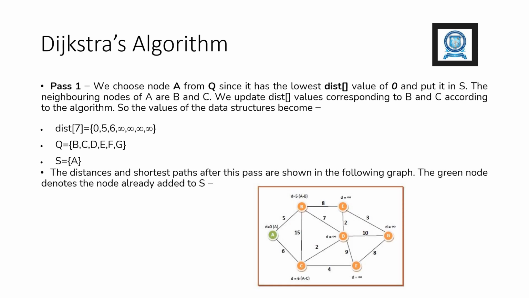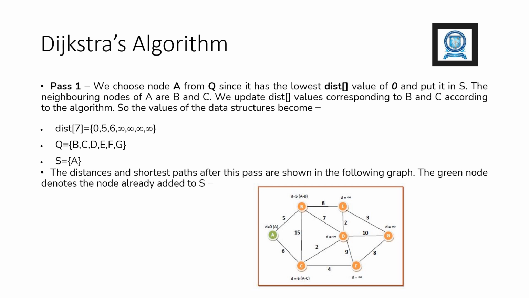In pass 1, we choose node A from Q since it has the lowest dist value of 0 and put it in S. The neighboring nodes of A are B and C. We update dist values corresponding to B and C according to the algorithm.